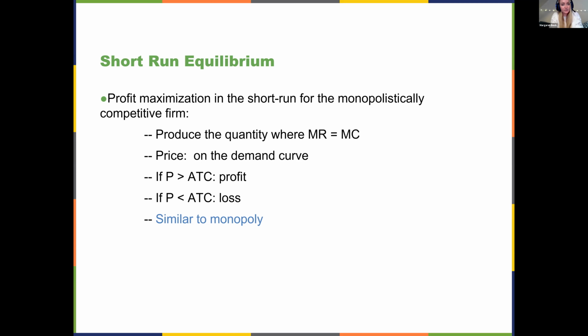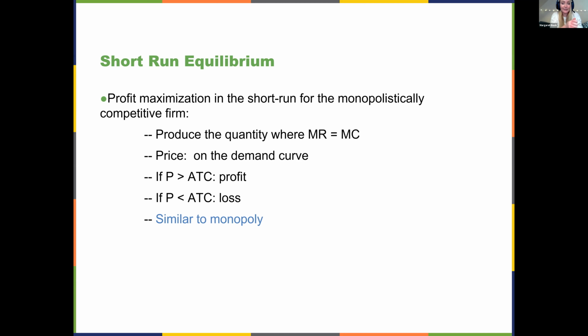And because of this, in the short run, each one of these firms selling a slightly different product has a mini monopoly on that one type of product. So, if we're talking about shoes, for example, there are many different brands of companies that make shoes.